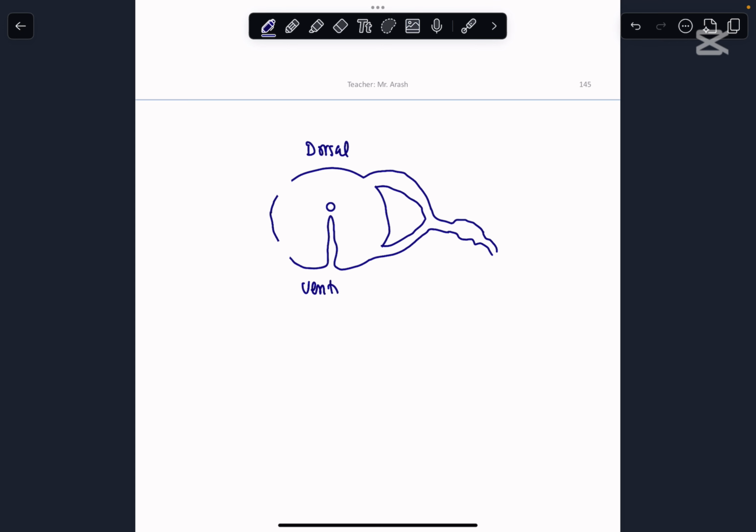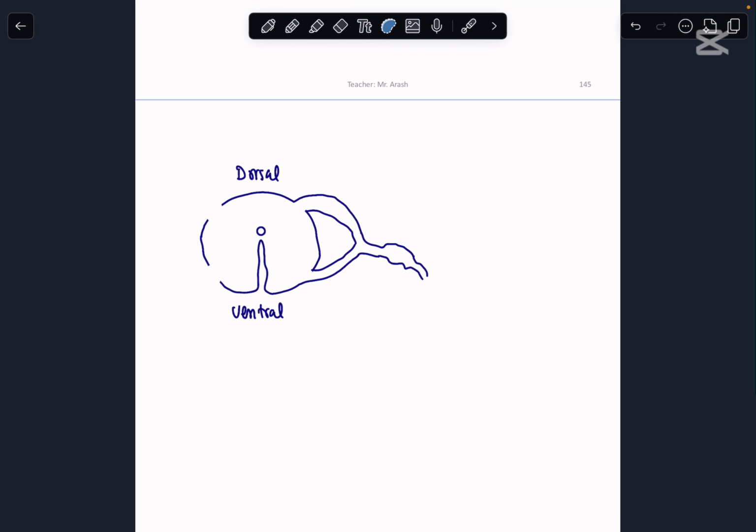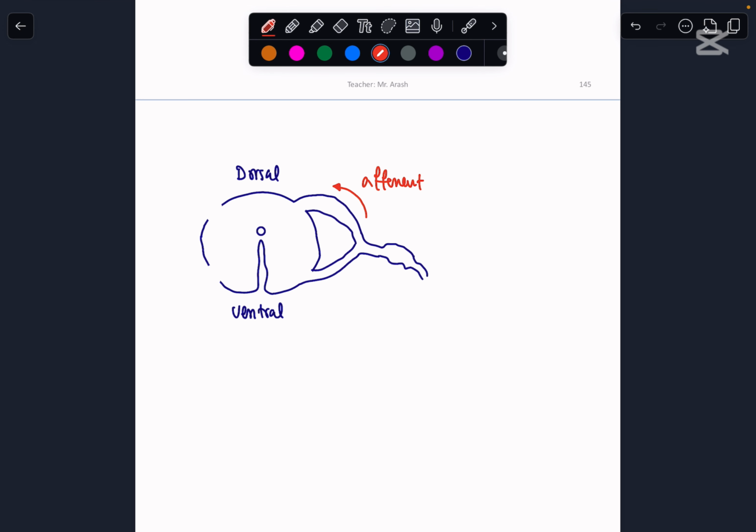This would be our ventral side. Let me just put that here: the signal will go in. That would be afferent, sensory. And here the signal will go out, efferent, motor. And then here we would have the mixed nerve, right?